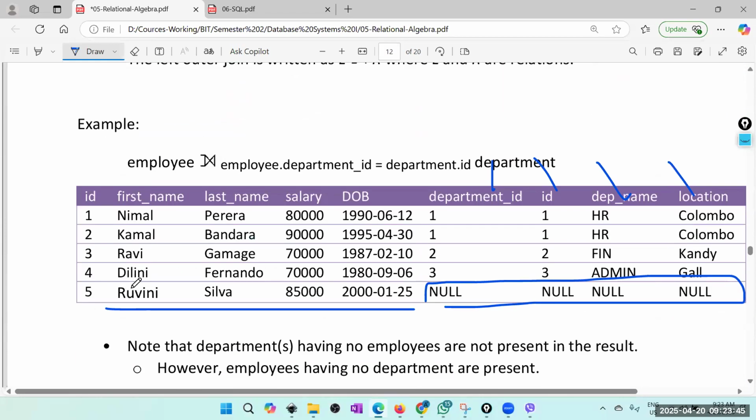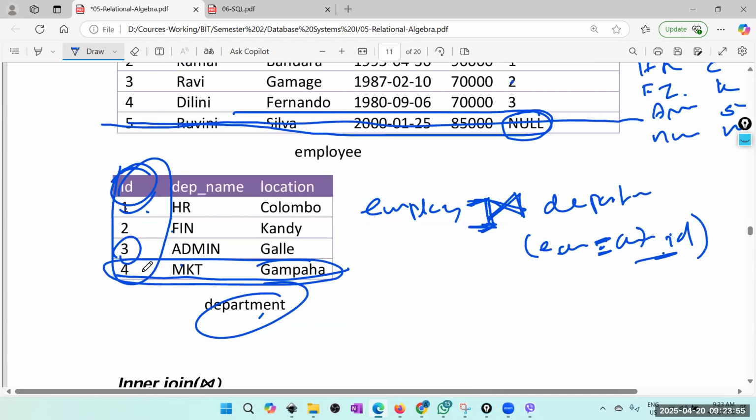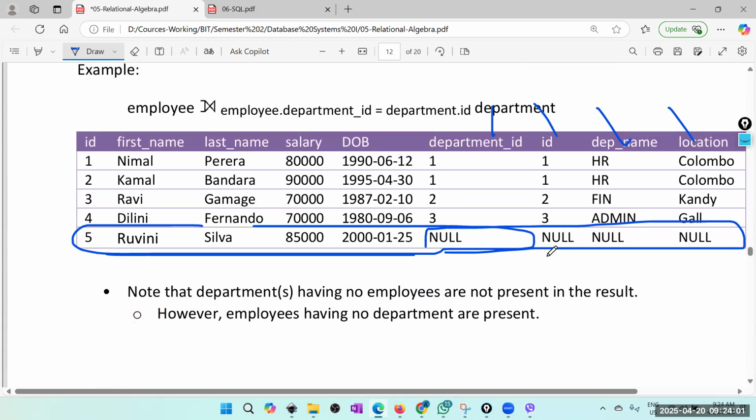So you can clearly see the Ruvini Silva record is there because it's a left outer join. Obviously, department ID is null here also. And for here, we got null, null, null. Right? So that is called left outer join.